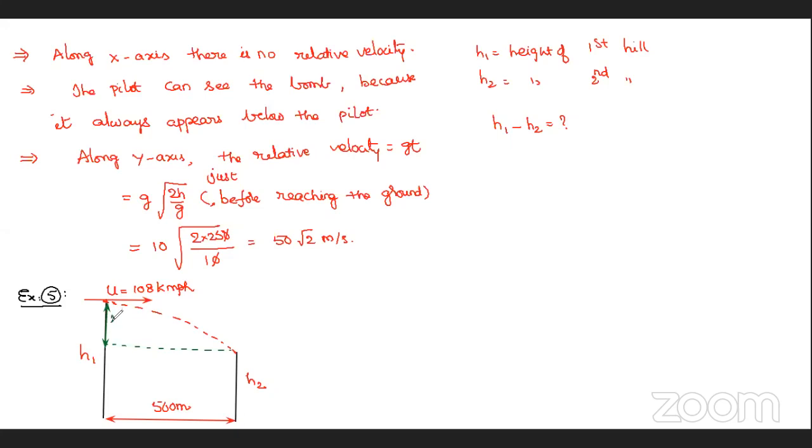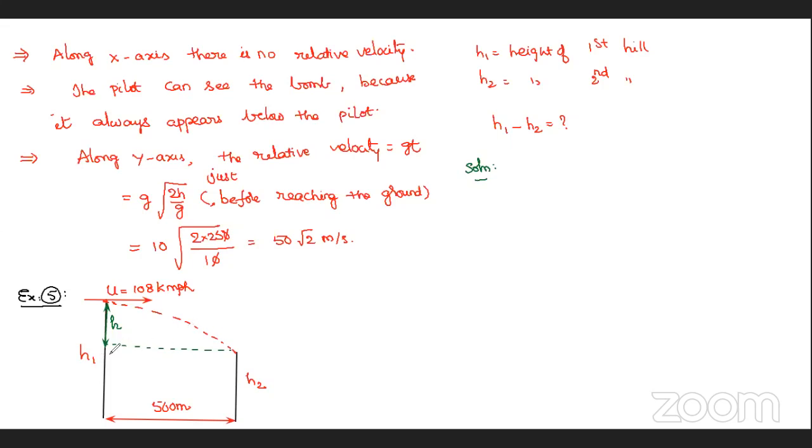So here, this is just like: from the top of a tower, when a body is projected horizontally, it hits the ground at a distance. So the solution is simple.